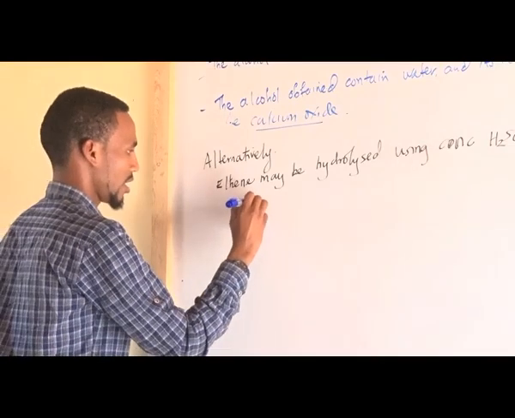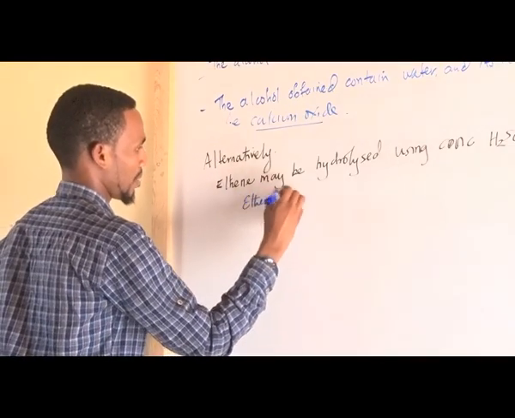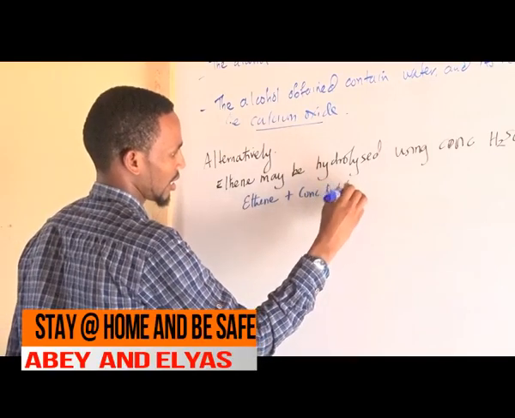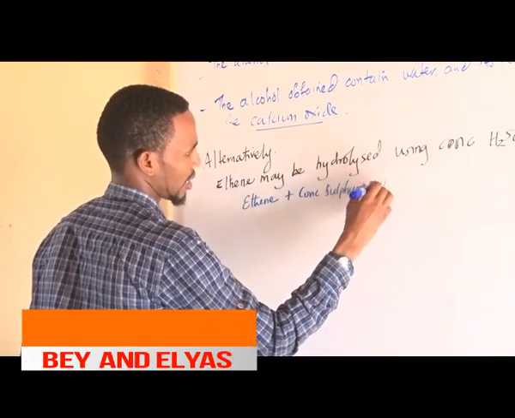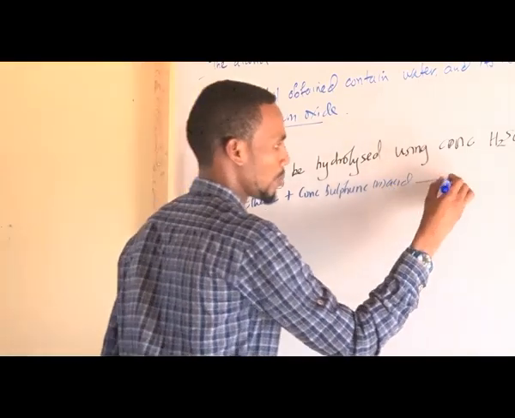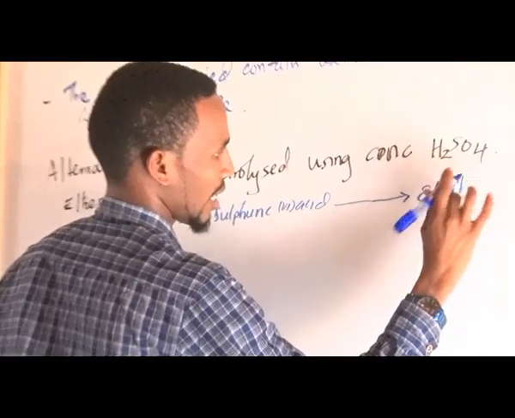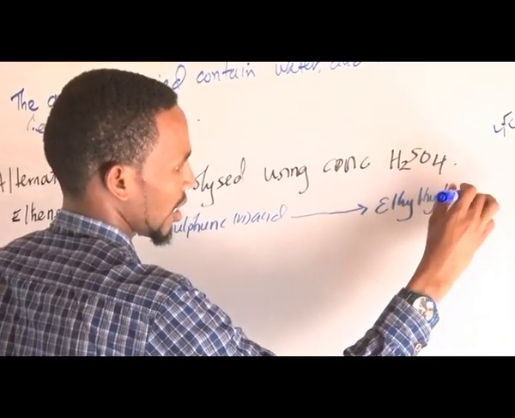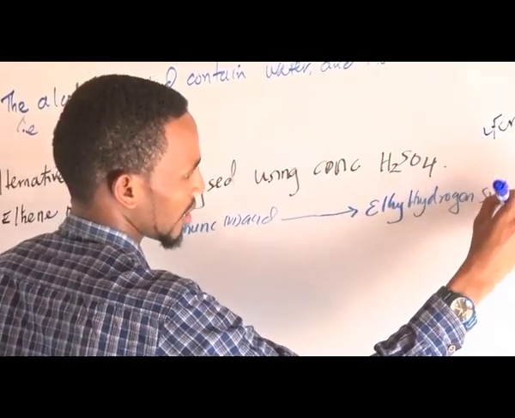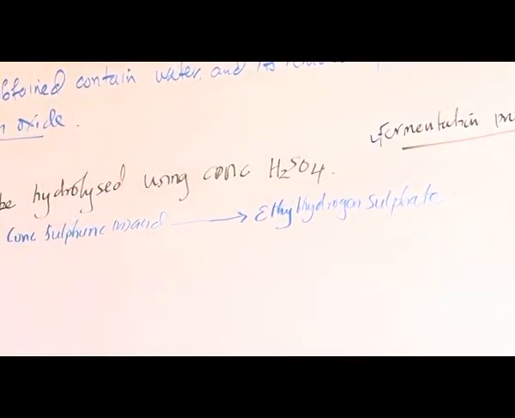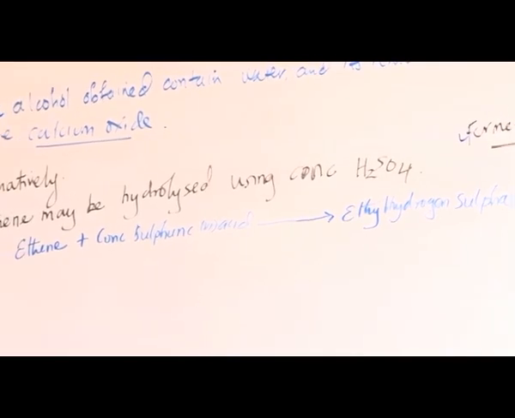Ethene, when you add concentrated sulfuric acid, what you will obtain is ethyl hydrogen sulfate. Now let's write the chemical equation here.